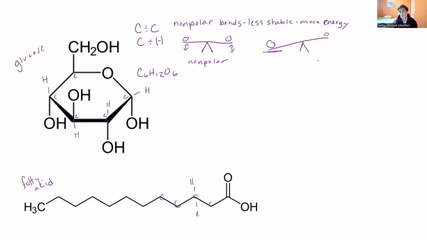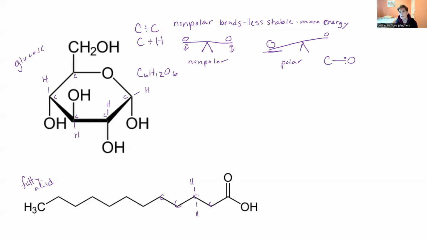It's not likely to be wobbly. So this is an analogy for a polar bond in which the electrons are shared unequally. An example of that would be a carbon-oxygen bond, where the oxygen is more electronegative.